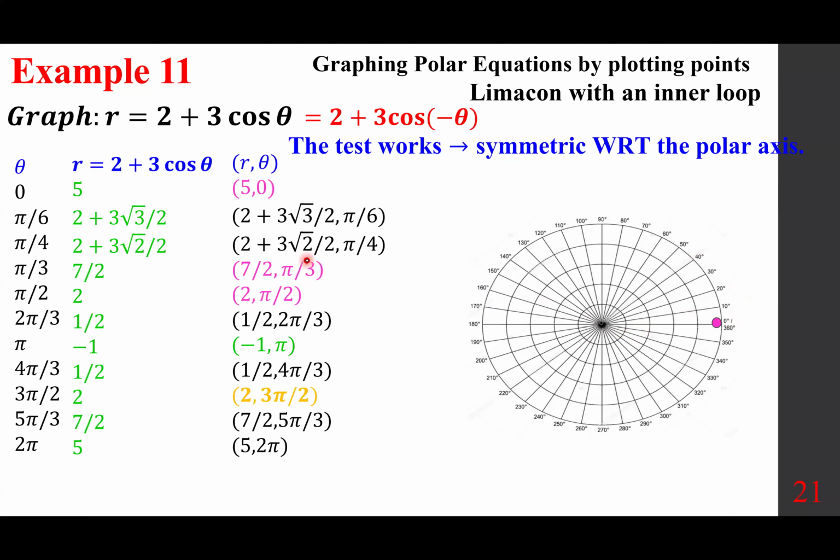Pi over 3 is 60 degrees. 7/2 is 3.5, so 1, 2, 3.5. Again, pi over 2 is 90 degrees, and 2, 1 and 2 tick marks. So it goes like that, everybody.